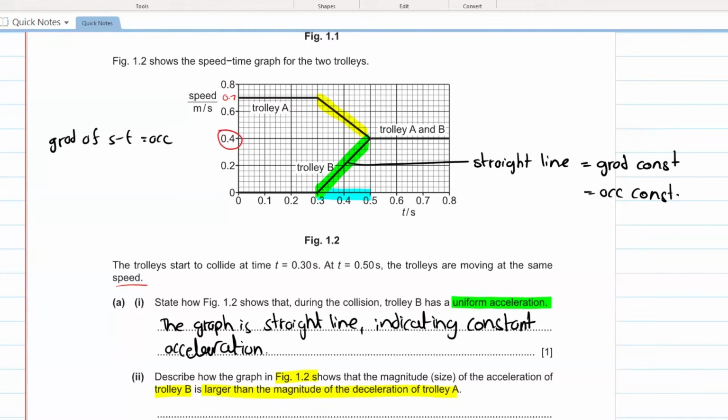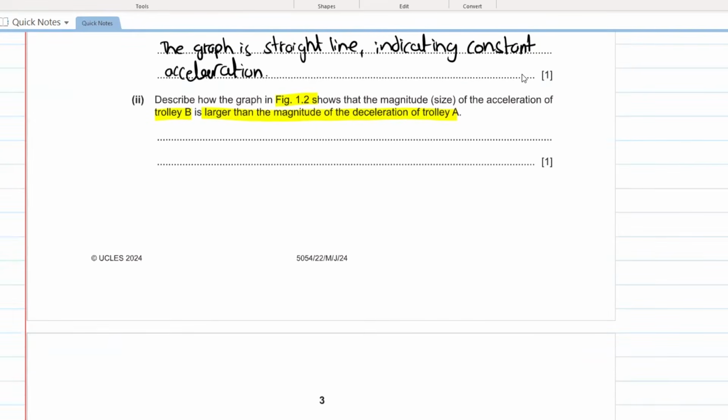The gradient of this green line is steeper for line B, and the gradient is less steep here. So you can write this: trolley B has a steeper line, or steeper gradient.